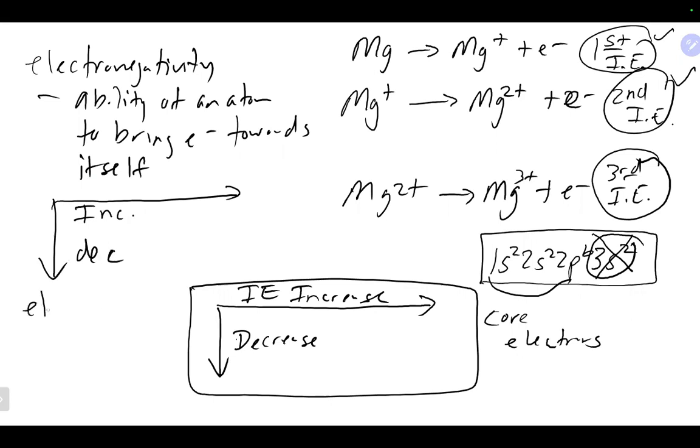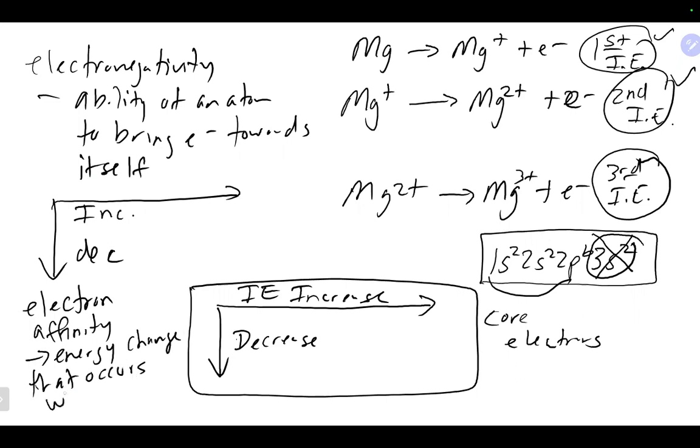Also, electron affinity is sometimes referred to. Electron affinity is the energy change that occurs when you add electrons. It has the same trend as above: it increases as you go to the right and decreases as you go to the left.